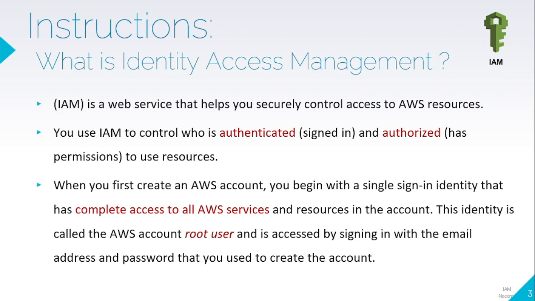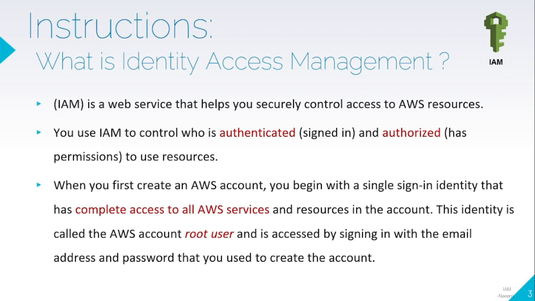So you being the admin can control who can access what resource, and you can give authority for that particular user. When you first create an AWS account, you begin with a single sign-in identification, isn't it? So that identification is known as the root user.